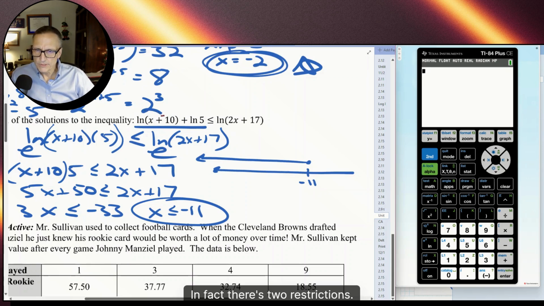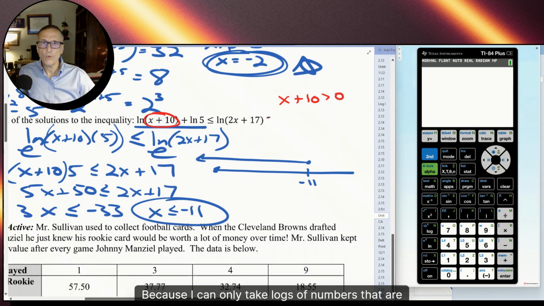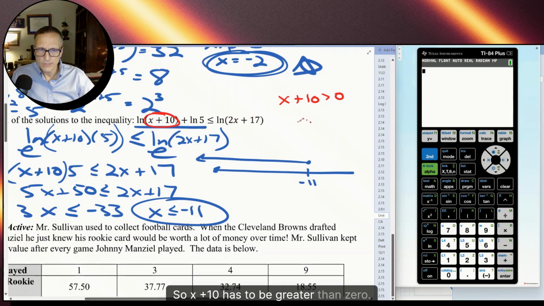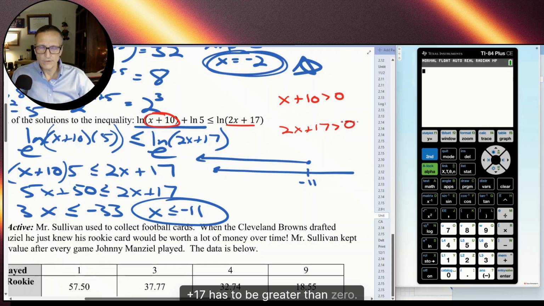In fact, there's two restrictions, because this x plus 10, what has to be true for any solutions is that it has to be greater than 0, right? Because I can only take logs of numbers that are greater than 0, positive numbers. That's the domain of a log function. So x plus 10 has to be greater than 0. And not only that, but this argument, 2x plus 17, has to be greater than 0.